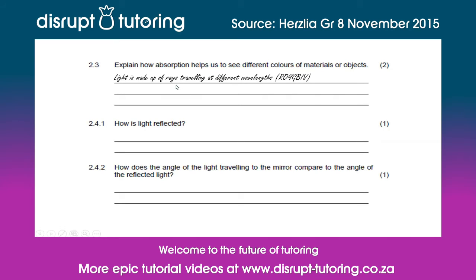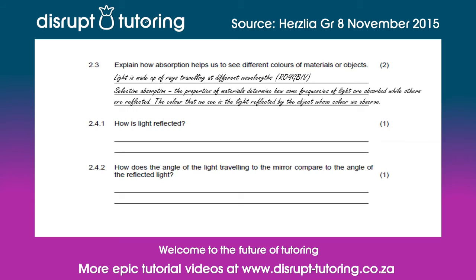So that's just a useful thing to remember that will help us also to explain how absorption helps us to see different colors of materials or objects. Second of all, we know that there is a phenomenon known as selective absorption. Now, this is determined by properties of material, and selective absorption is what determines how some frequencies of light are absorbed by a material or object, while others are reflected.